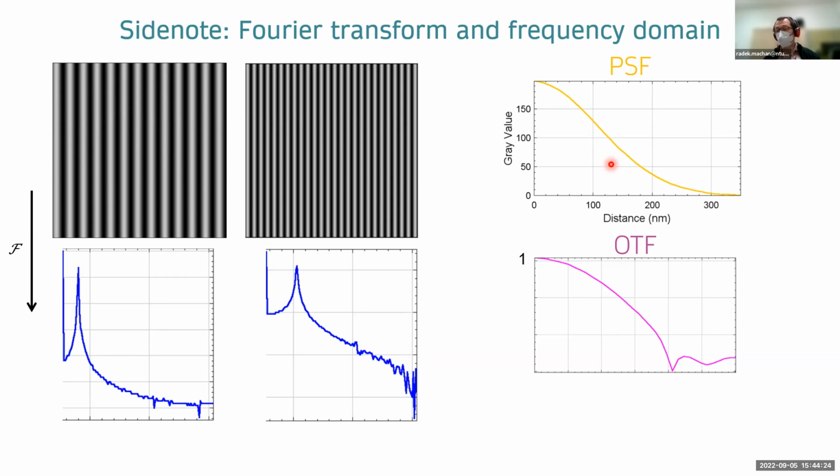That means I cannot resolve such small features. So it's just a different way to describe the resolution limit. Either I can use the point spread function to explain it in the spatial domain, or the optical transfer function to explain it in the frequency domain.